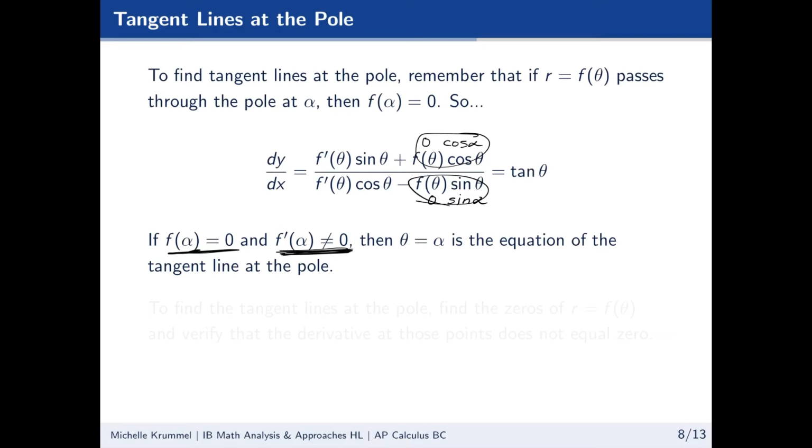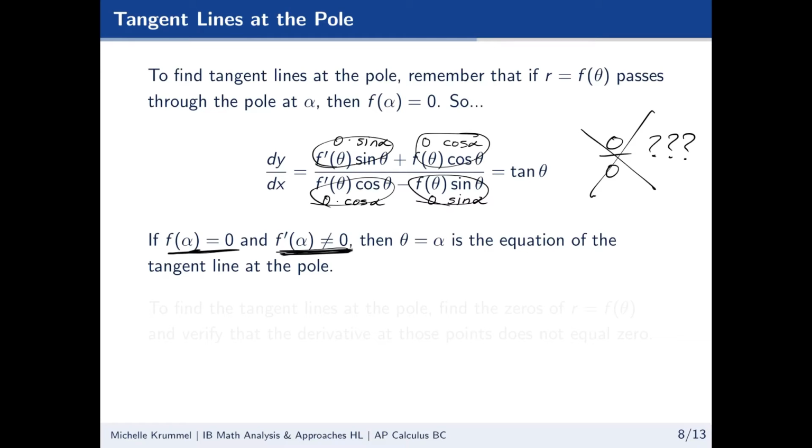And if f prime of alpha were 0, then here we would have 0 times sine alpha over 0 times cosine of alpha. And 0 times sine alpha is 0, and 0 times cosine alpha is 0. So we would end up with 0 over 0. But 0 over 0 is an indeterminate form. So we don't want to end up in that situation.